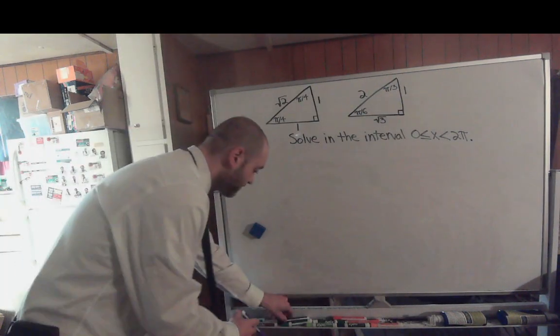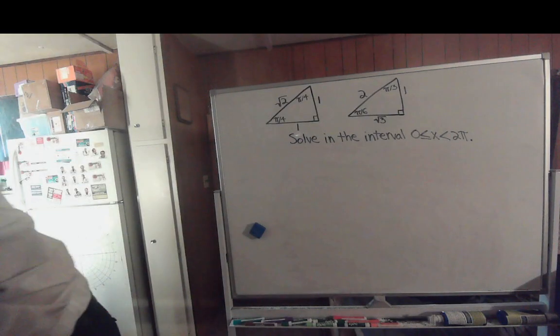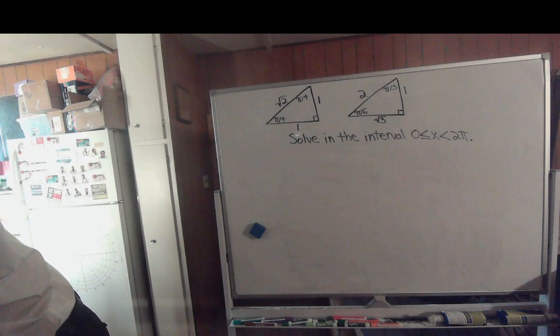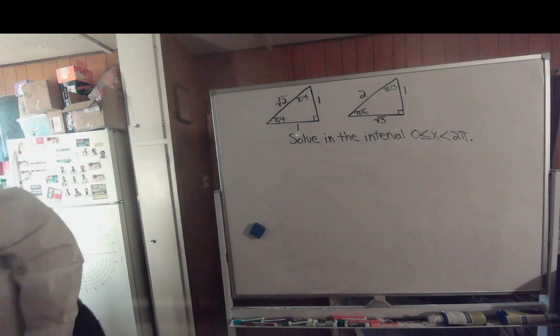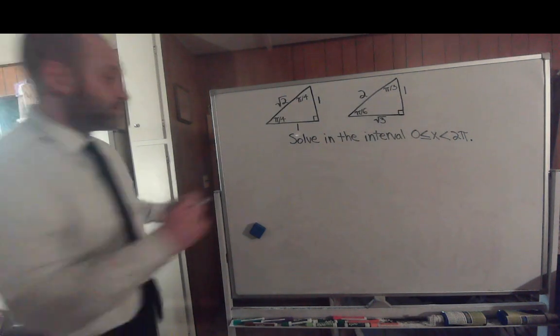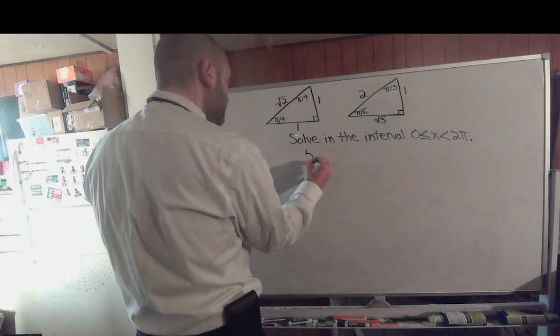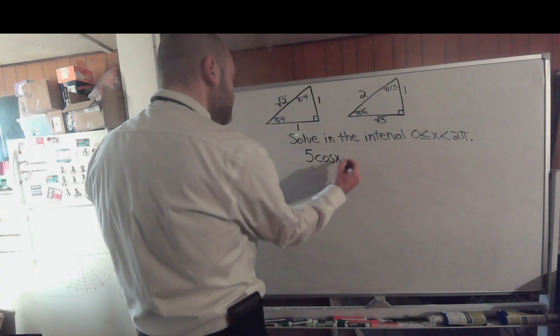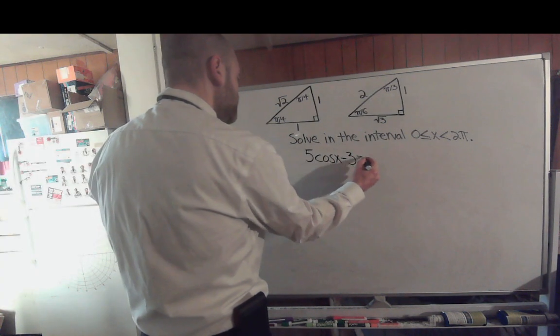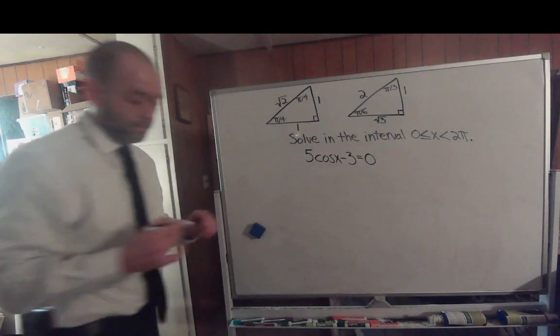All right, should have 3 more. So we have, this isn't going to be as pretty. We have 5 times the cosine of x minus 3 equals 0.